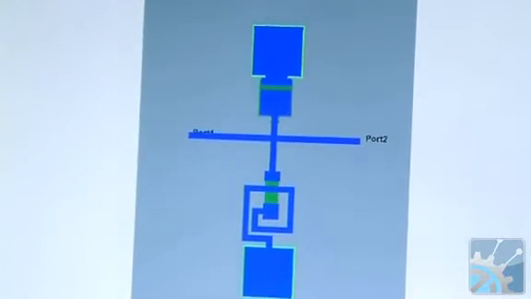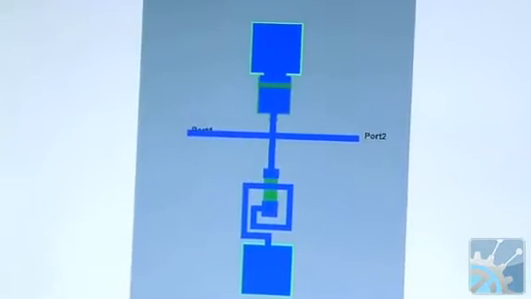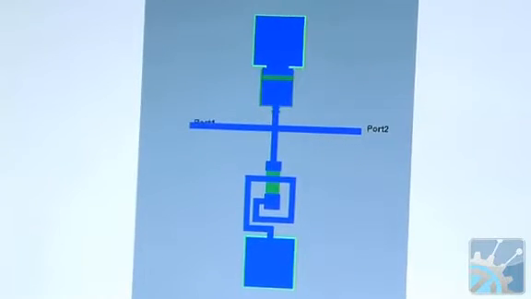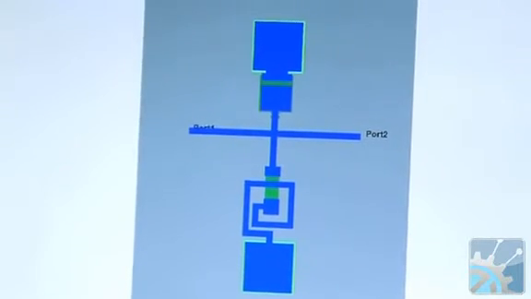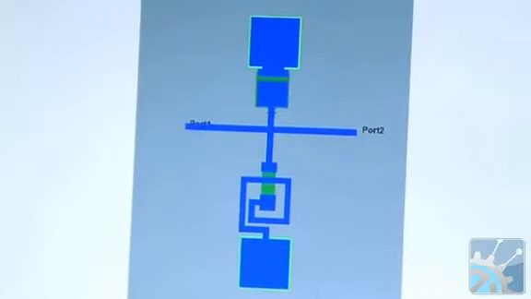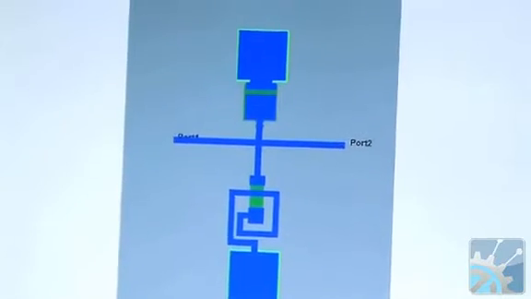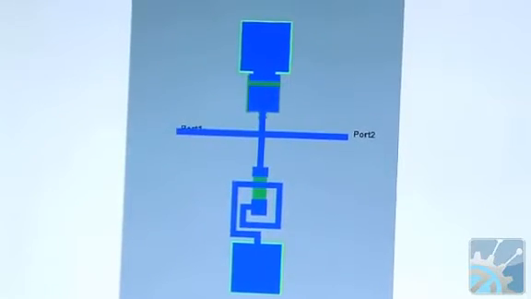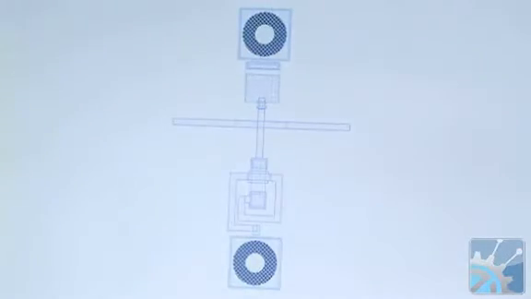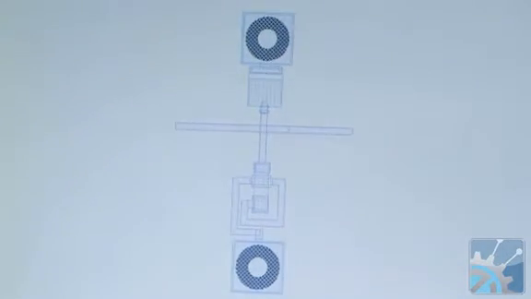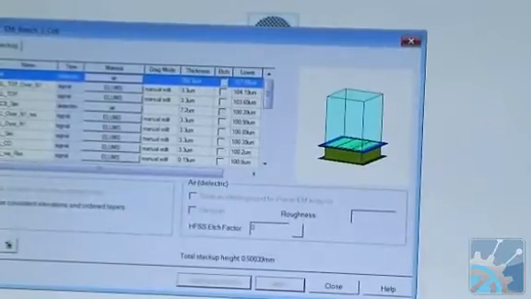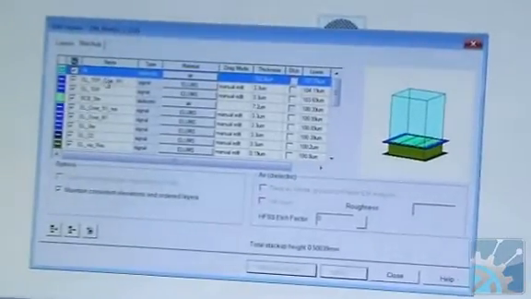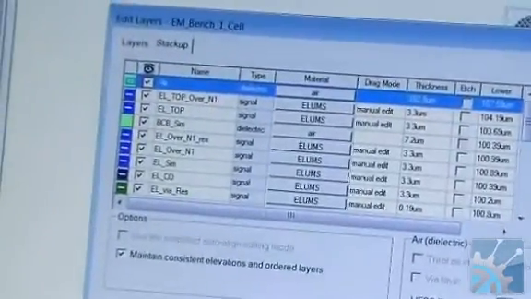In this case, it's a bandpass filter design with a spiral inductor and a tune cap. In this type of design, you have layers of dielectric, layers of conductors. You have concepts in this framework such as a stack-up, as we have here, where we have layers of air, dielectric, signal, etc.